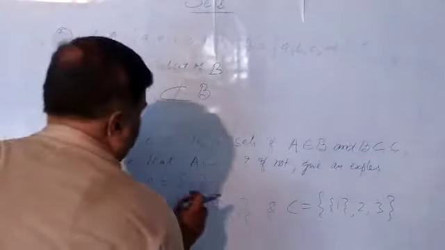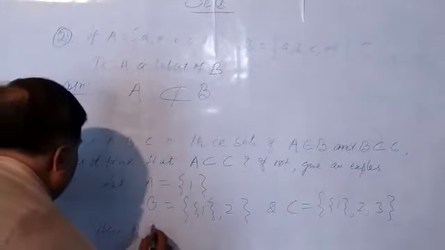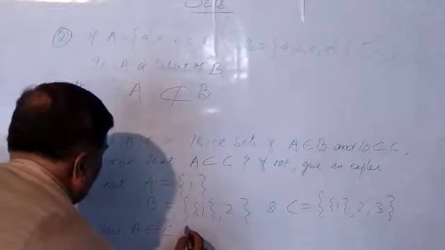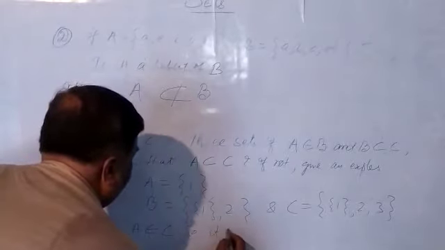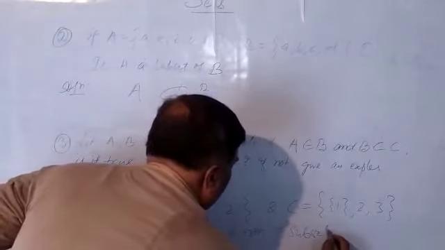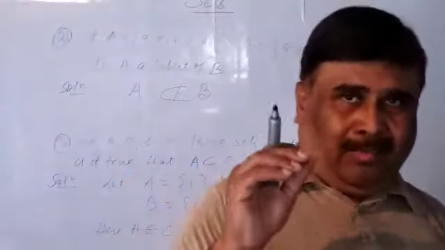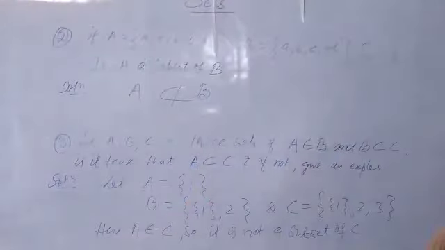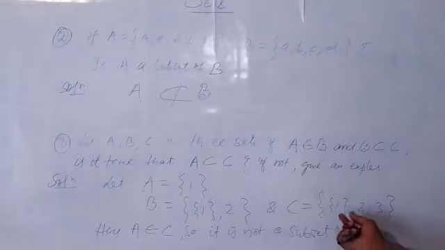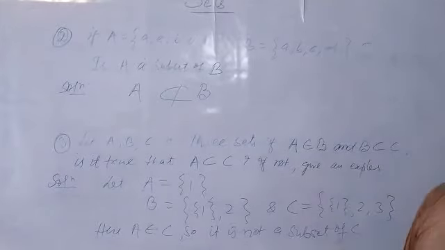No, because A is an element of C. Here A is an element of C, so it is not a subset of C, because we know that an element is not a subset of that particular set, right? No doubt.